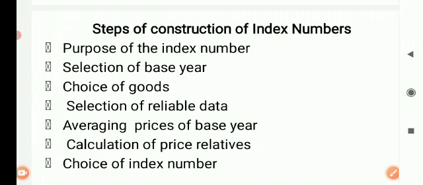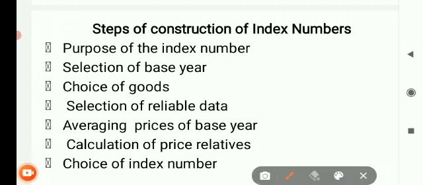Look at the next and third important step for construction of index number, that is choice of goods. We are going to find out the index number for what goods. So selection of goods is also equally important while constructing index numbers.